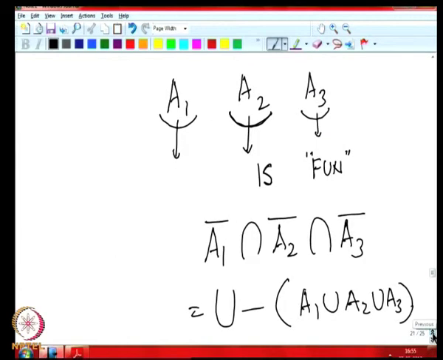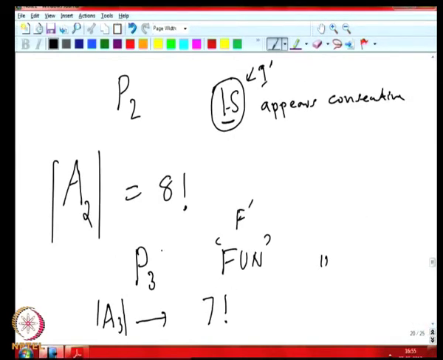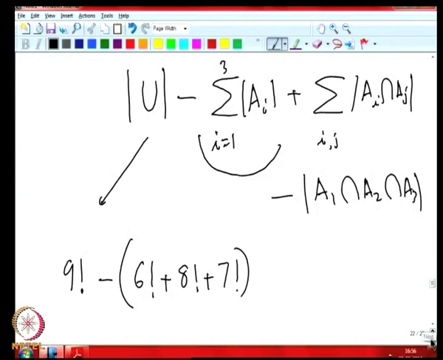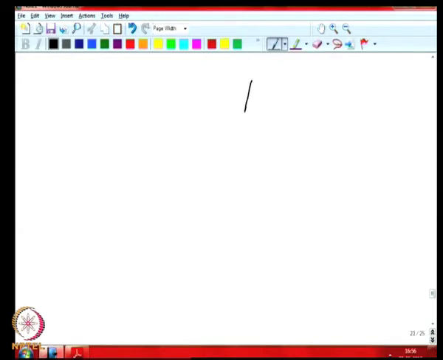We have calculated it here. So 8 factorial, 7 factorial and 6 factorial. Now the next question is, how will you find these kinds of cardinalities? What about the cardinality of A1 intersection A2?